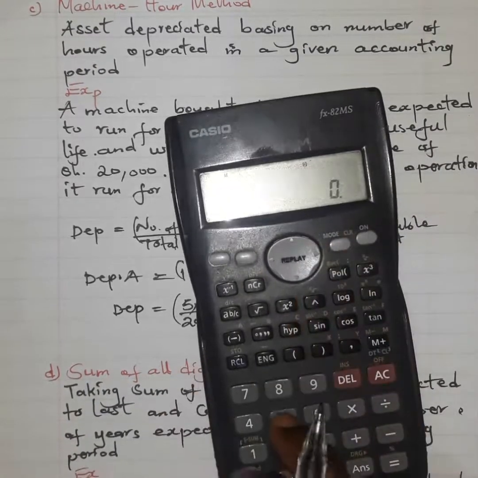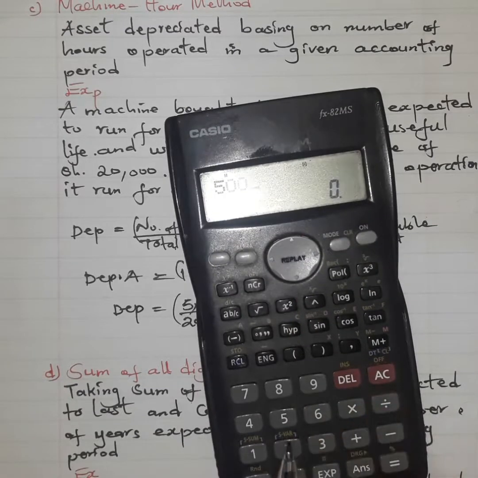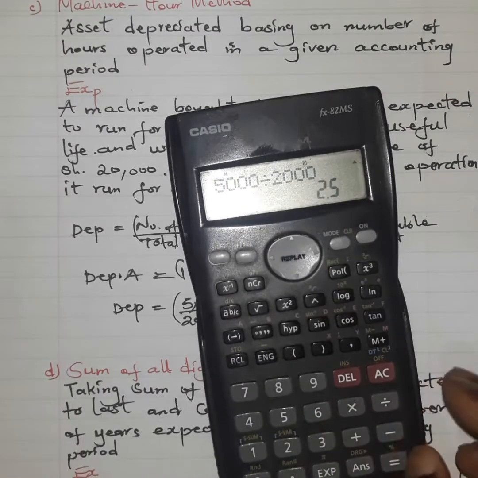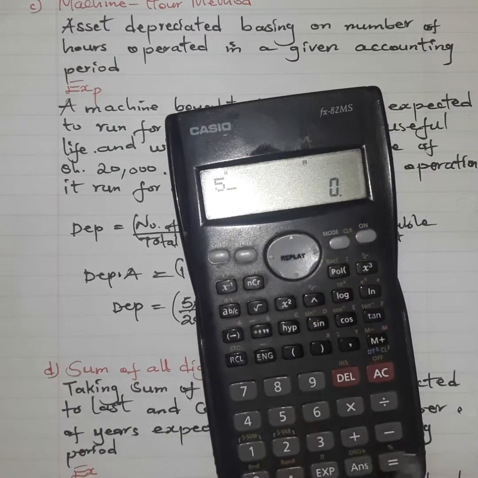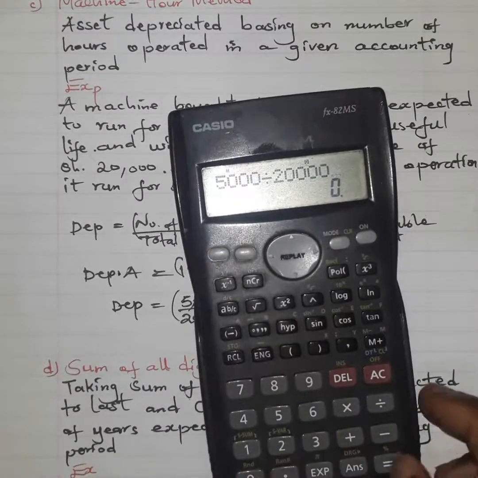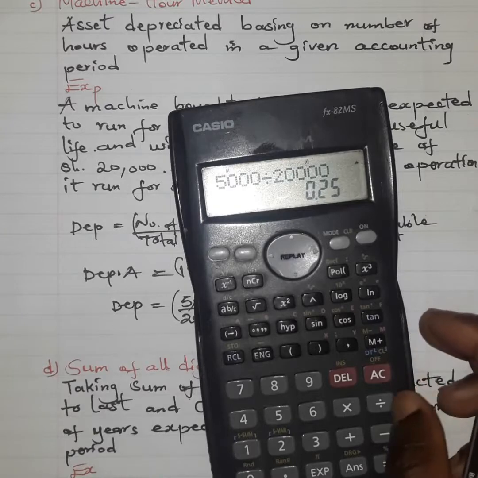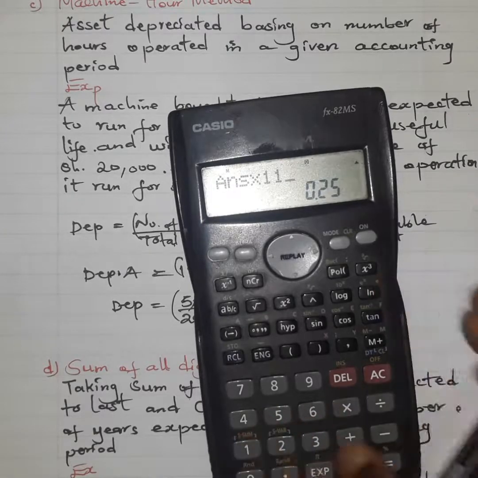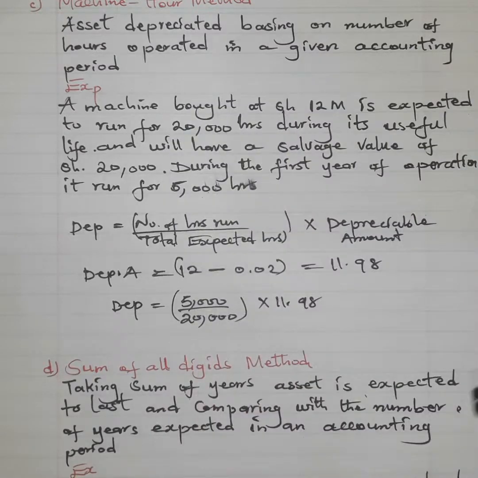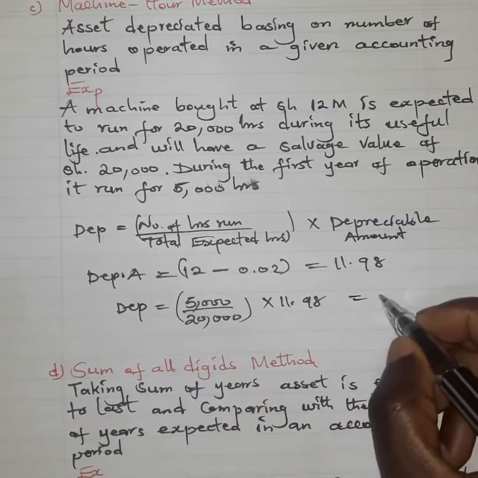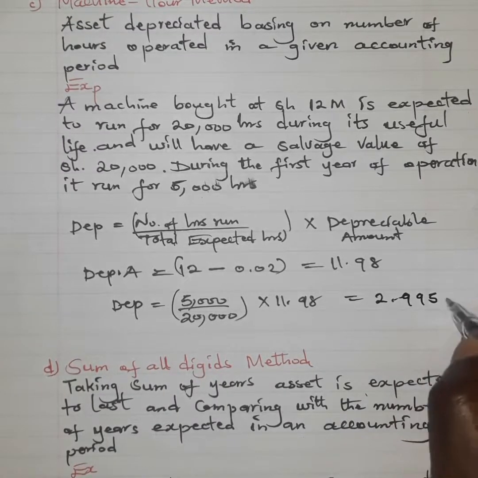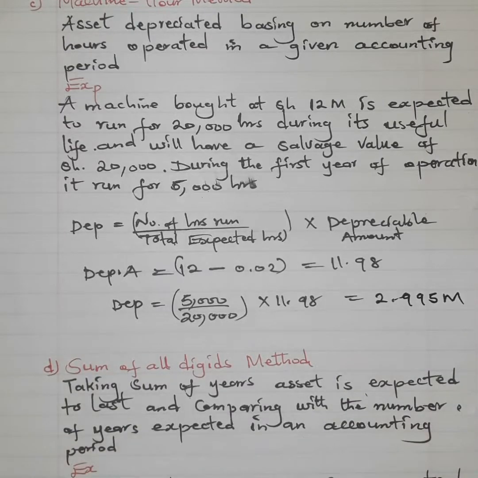So 5,000 divided by 20,000, we get 0.25, times 11.98. We get 2.99, so we get a value of 2.995 million. That is the value of depreciation.